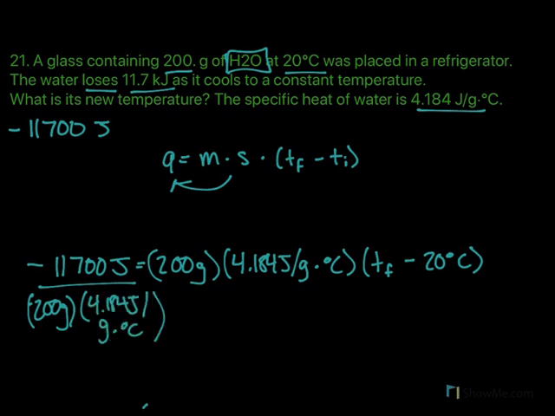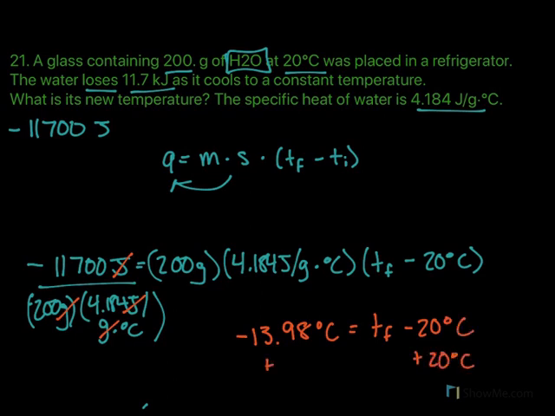Alright, so now what we have is negative 13.98 degrees Celsius equals final temperature minus 20 degrees Celsius. So all we have to do is add 20 degrees Celsius to both sides, and our answer will be 6 degrees Celsius.